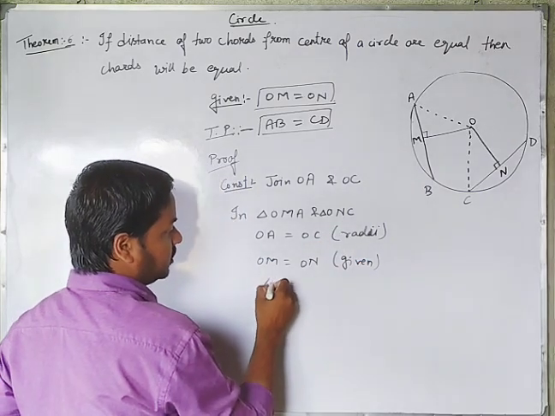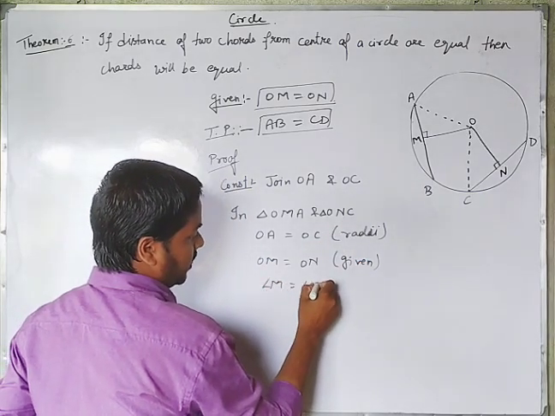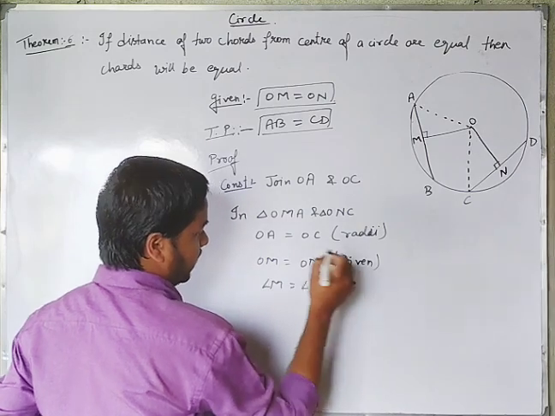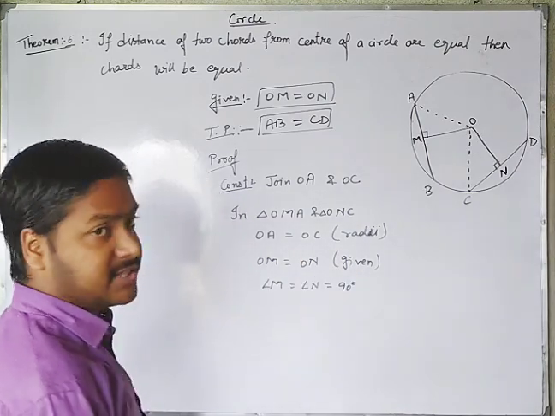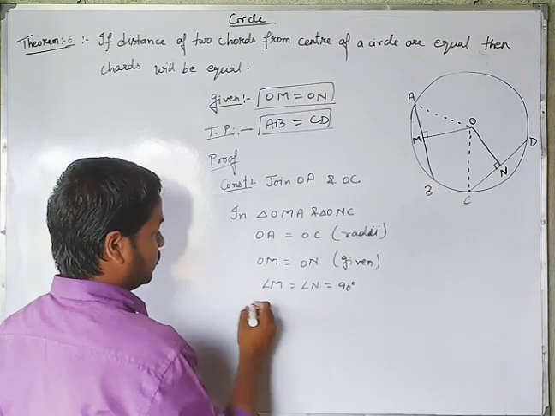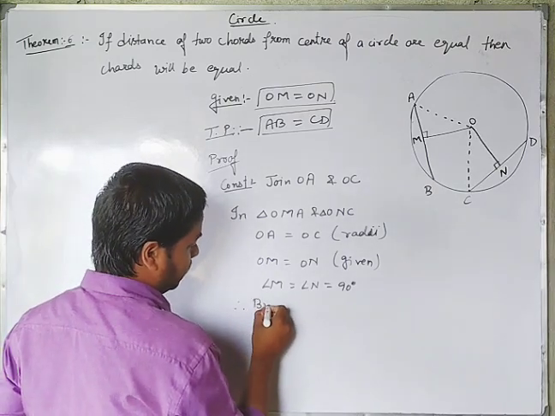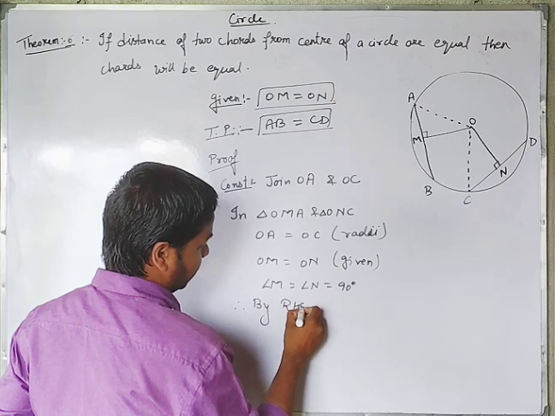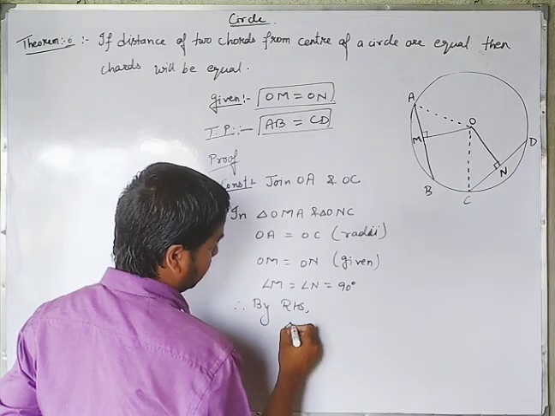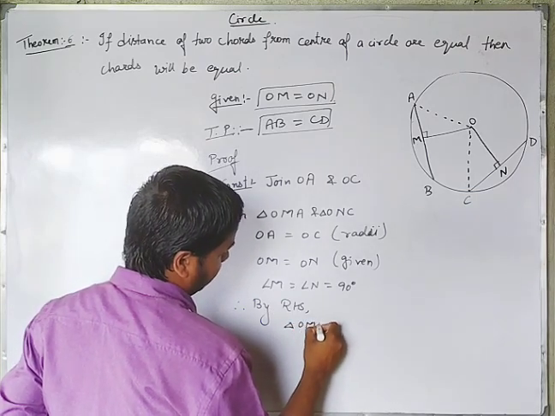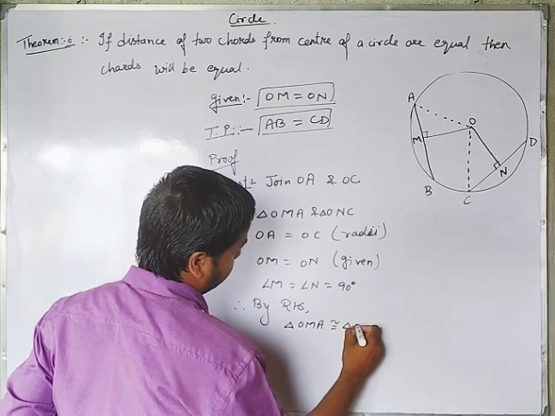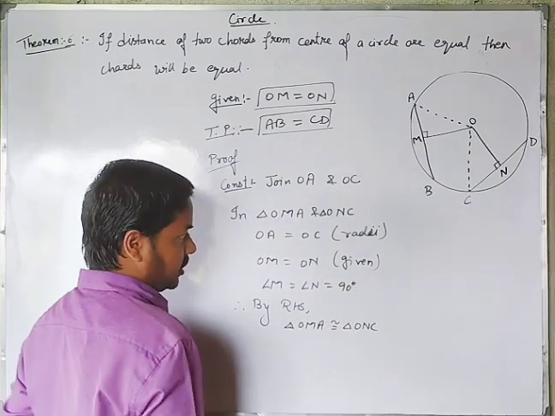The last one is angle M equal to angle N, that is 90 degrees. Now, with the same process, by RHS, triangle OMA is congruent to triangle ONC.